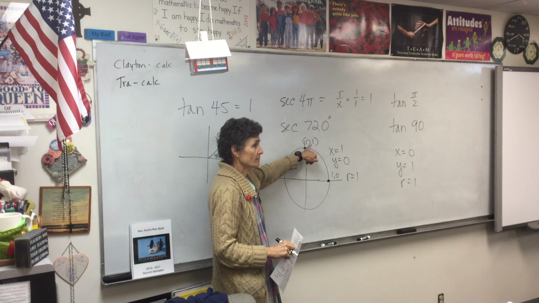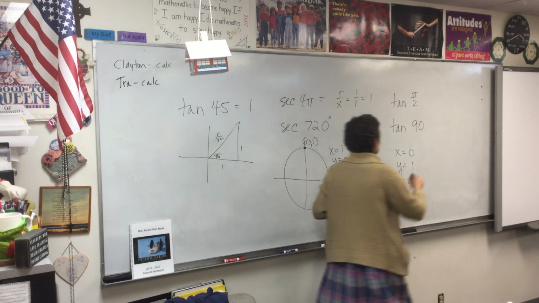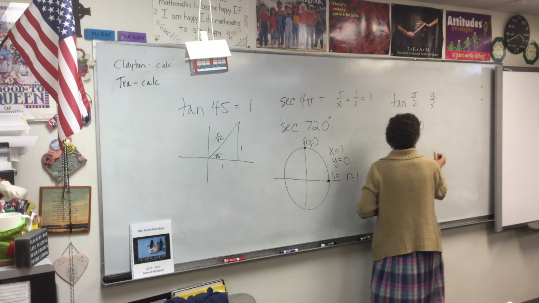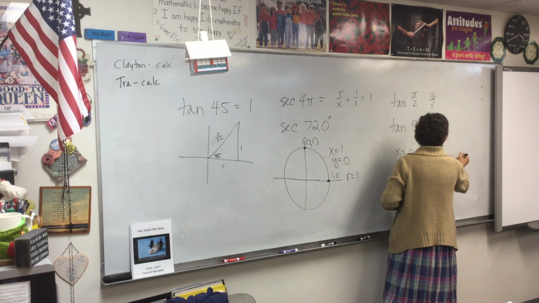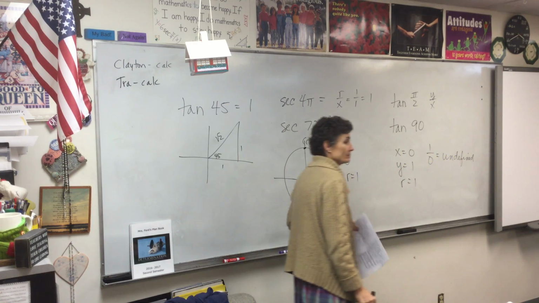Everybody with me? I want the tangent. The definition of tangent is y over x. Y over x. Uh-oh, y over x turns out to be 1 over 0, which is undefined.